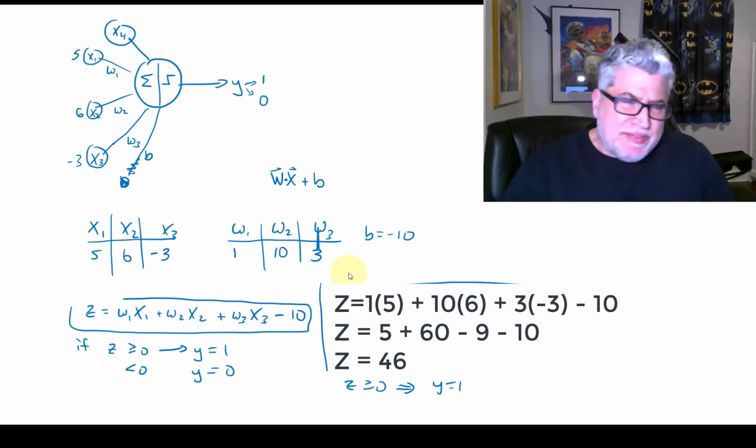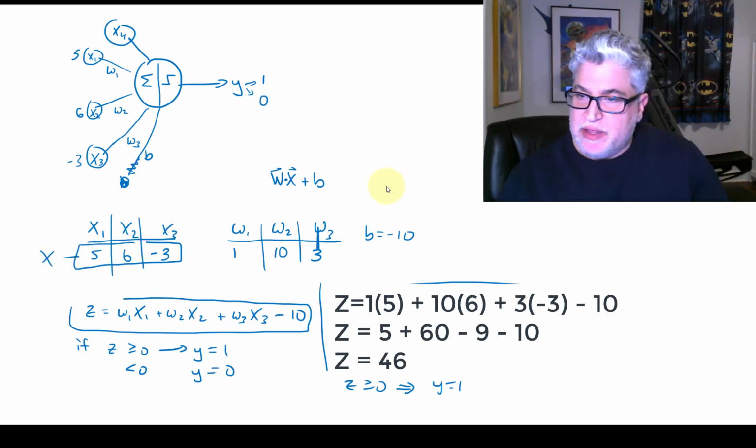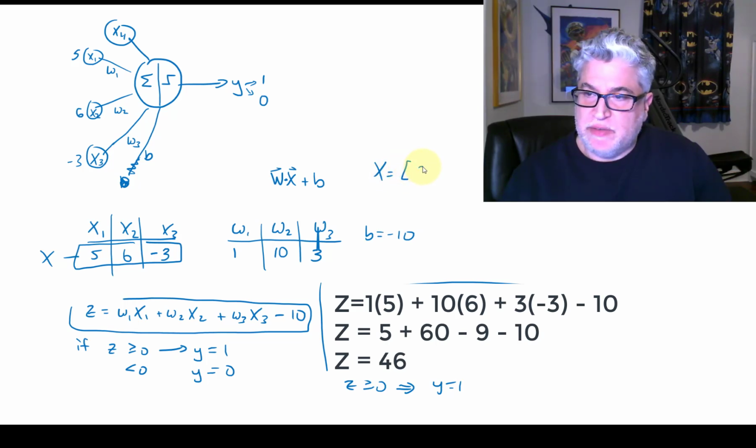Now, if you haven't seen this, it's not a big deal, but really all it means is you're going to take a vector. A vector is just a list of numbers. We're going to call this X. So this X is the following list of numbers.